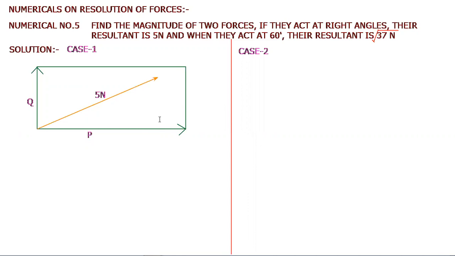Okay. Now here, you do not need the angle made by resultant with the horizontal x-axis. Here you only need the angle between two forces, that is P and Q, and that angle is 90 degree.